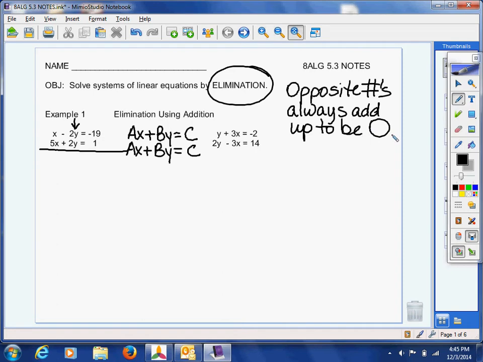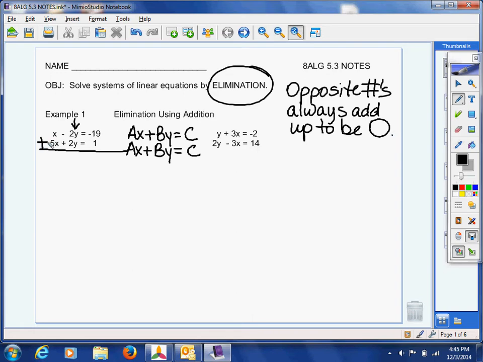You would say 0. What's 2 plus negative 2? 0. 1 plus negative 1? 0. Opposite numbers always add up to be 0. And that's what we're looking to do in this concept of elimination. We're trying to eliminate one of the variables. And so we're going to do so by addition. So we're going to add these two together.